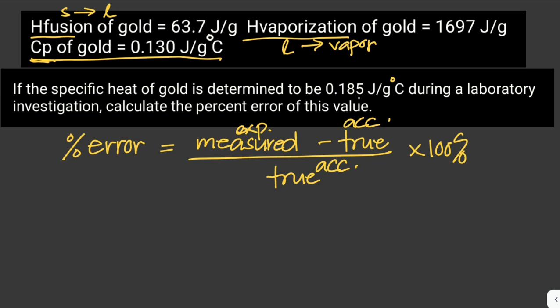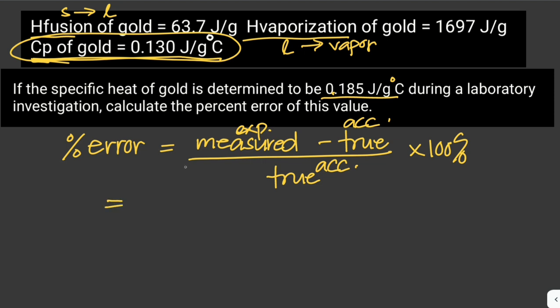So in the problem, we're given the measured experimental value, which is equal to 0.185 joules per gram per degree Celsius. And the accepted value is this one, 0.130.